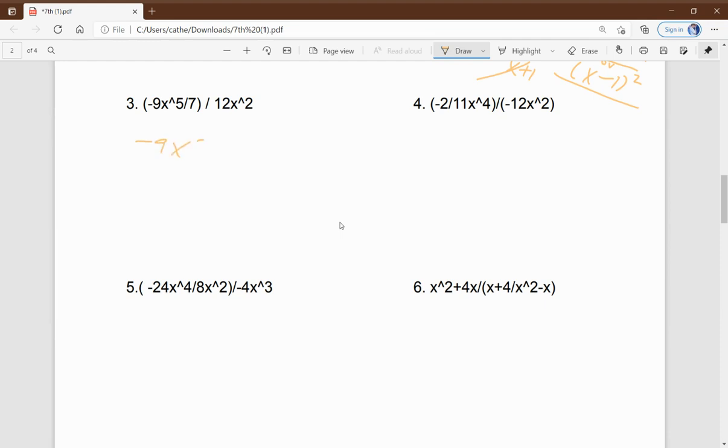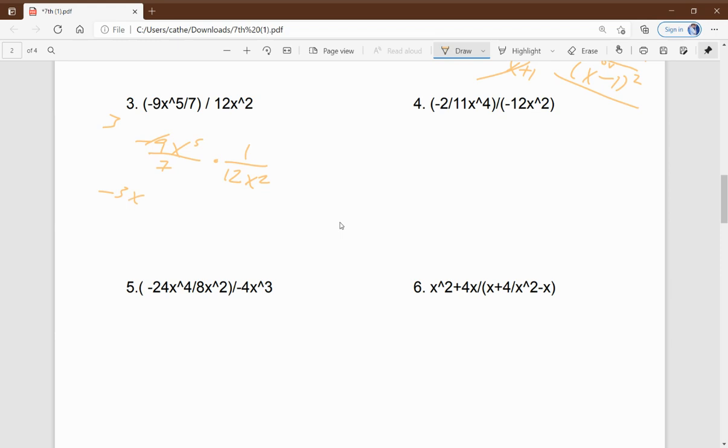Negative 9x to the 5 over 7. Multiply that by 1 over 12x squared. We are going to simplify this by a factor of 3.